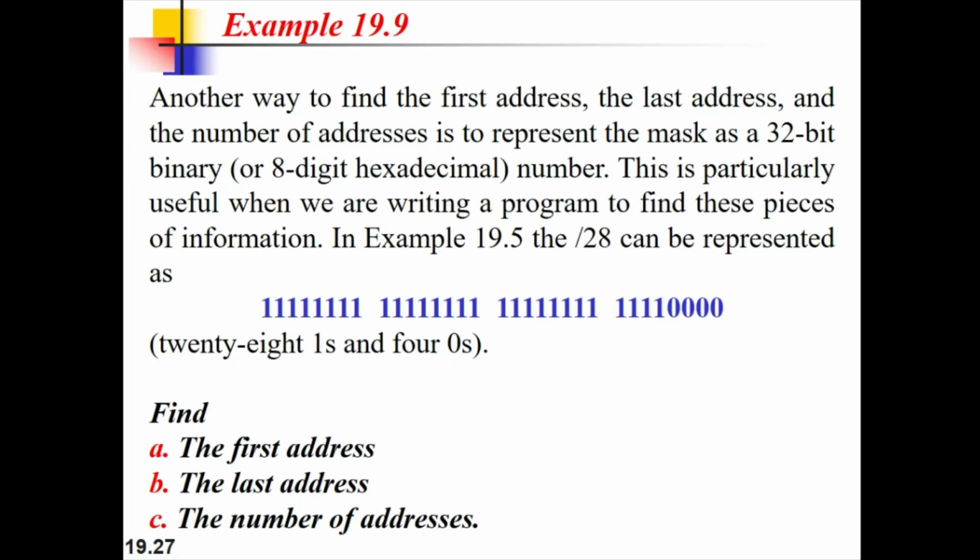In the previous example, /28 can be represented as 28 digits of 1 followed by 0s. So the first 28 bits are 1s, and the rest, which is 4 digits, are zeros. Then find the first address, last address, and number of addresses.